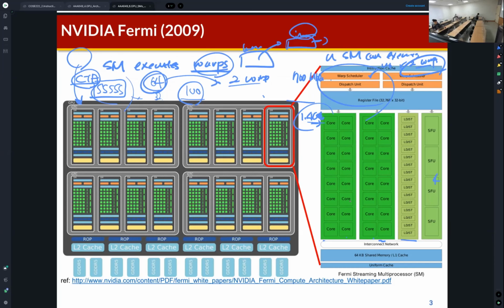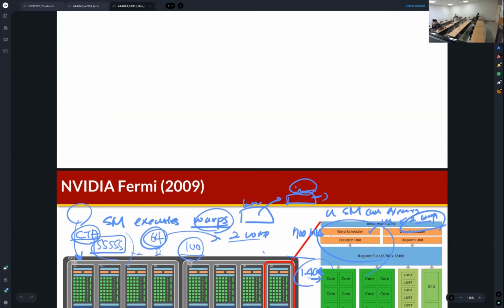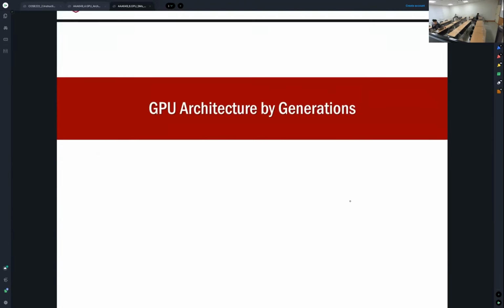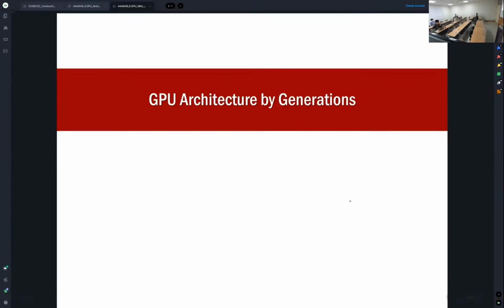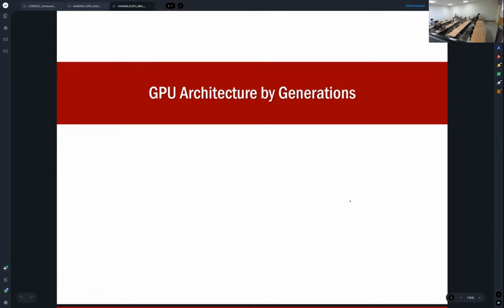You can search for some GPU white papers, or you can also get some information from Wikipedia. Just find some configurations, and then also study the change of architectures across the NVIDIA GPU generations.